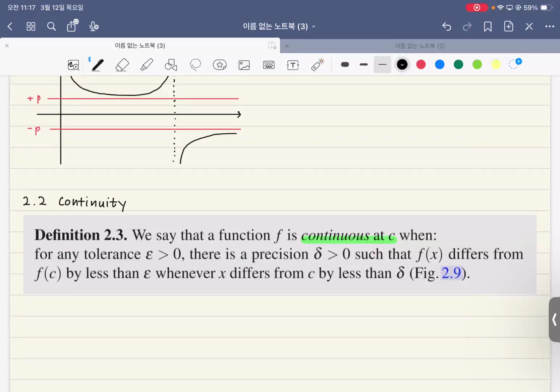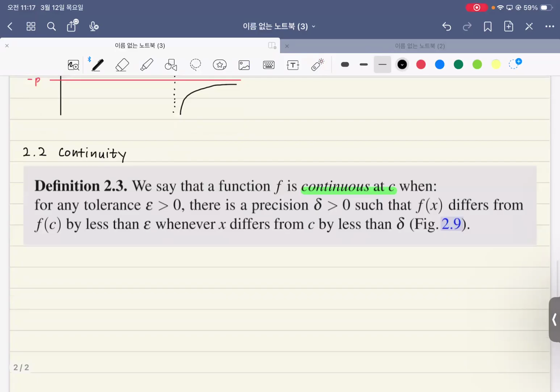All right. Yeah. Well, I will try to rephrase this by using quantifiers. For any epsilon, there is a positive real number delta satisfying the blah blah condition.